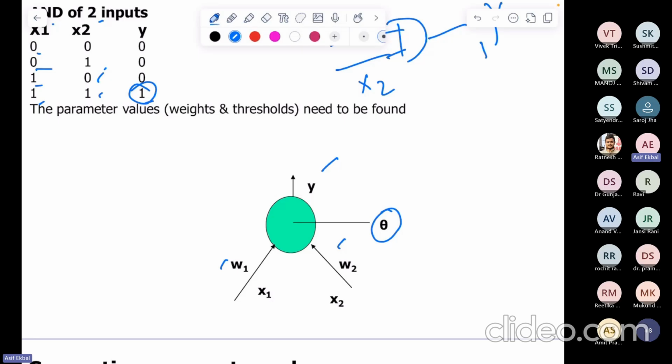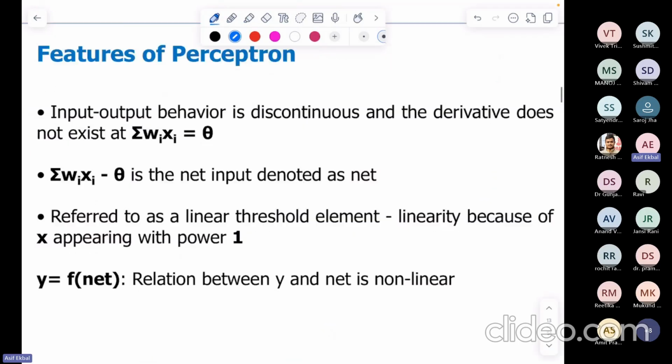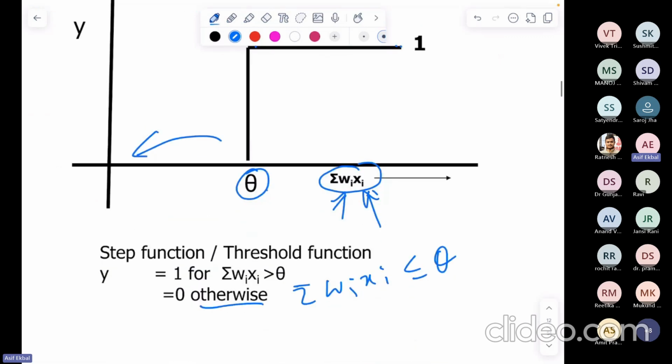Now, this output is 0. So what does this 0 mean? If you want to relate it with the threshold function, from this formula we know that y is 0 if the sum of Wi xi is less than or equal to theta.